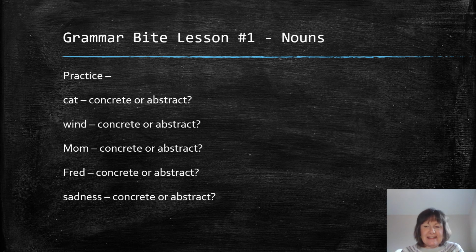What about sadness? Is that concrete or abstract? This would be abstract because, again, we can't hold sadness in our hand or touch it or see it or feel it as far as touching it, smelling it, hearing it.